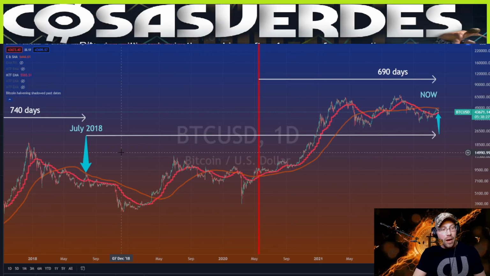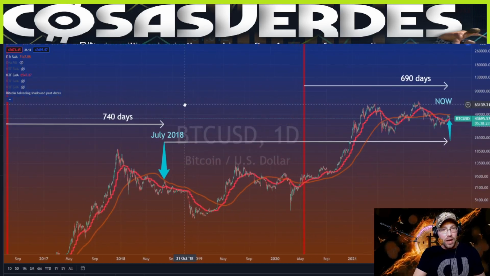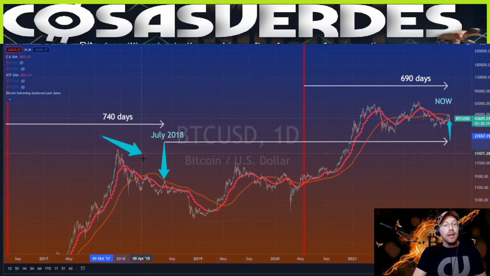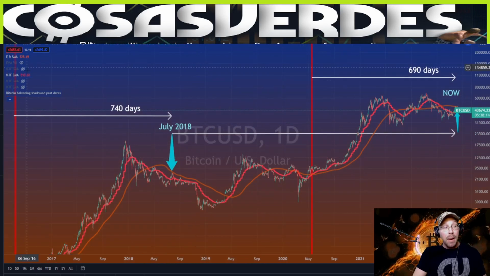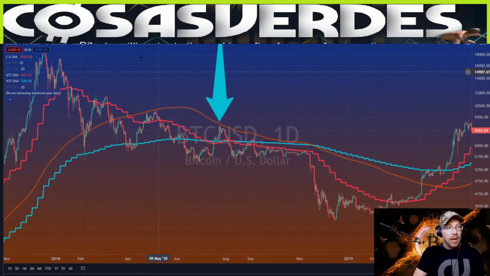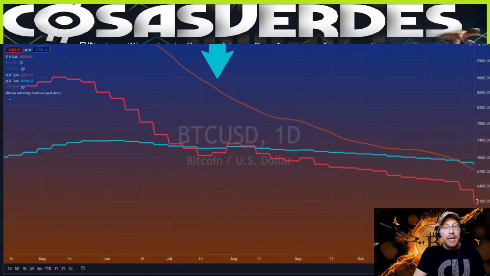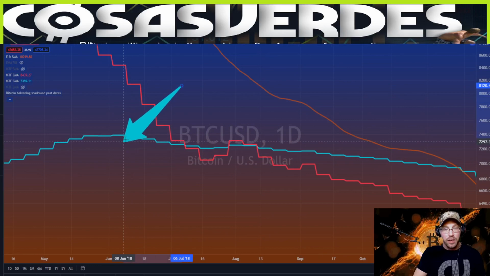All right, now not only is it similar in distance in time axis from the halving date, and it got rejected by the daily 200 SMA, but that all is happening at an exact moment, and I'm going to take off price for this. It's happening at the exact moment that the weekly 10, so even though I'm on the daily chart, this is the weekly 10 EMA, this is the weekly 55 EMA.